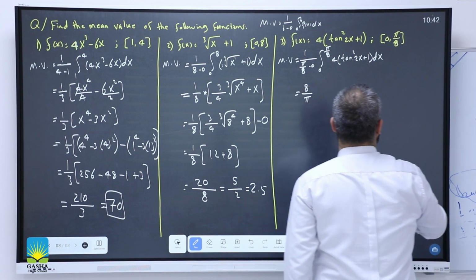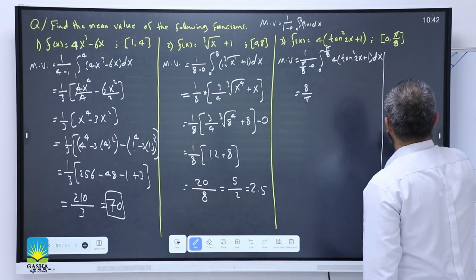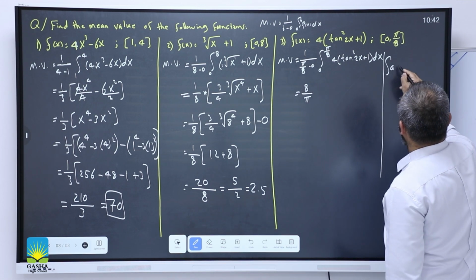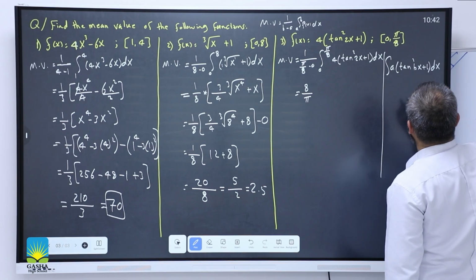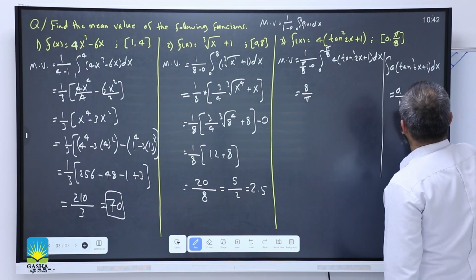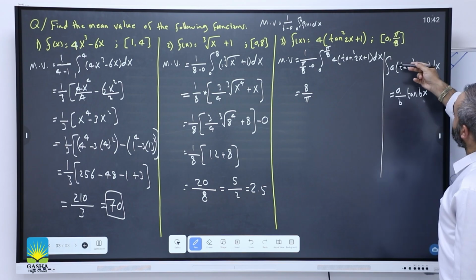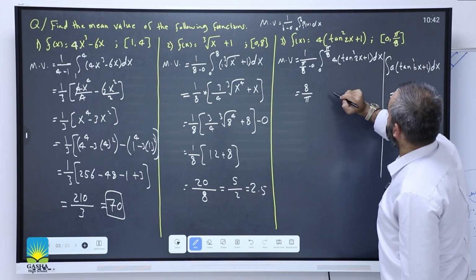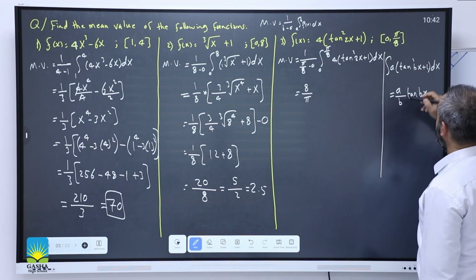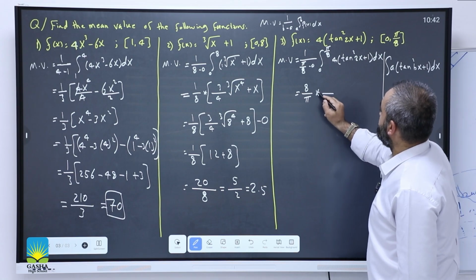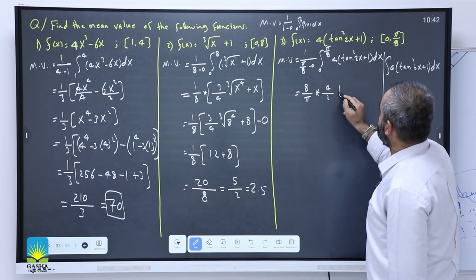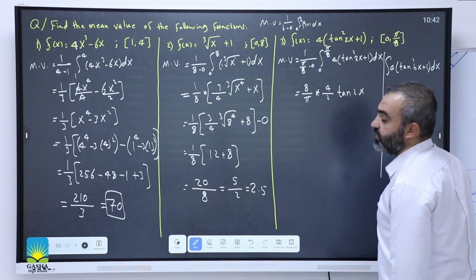We have the formula about the tan: integral a tan square of bx plus 1 dx equal to a over b tan bx, right? Where is a and b? This is a, it's 4, and b is 2. So it becomes a over b like this, 4 over 2 tan 2x, right?